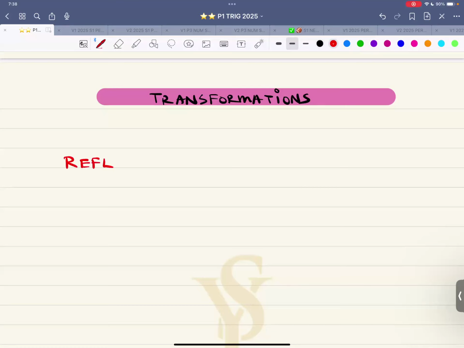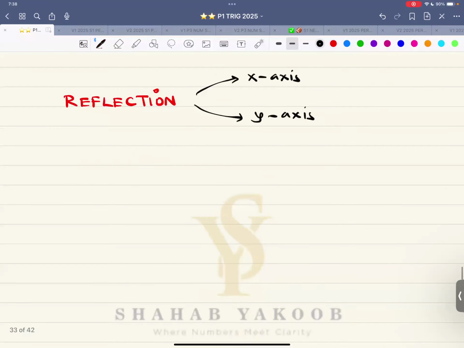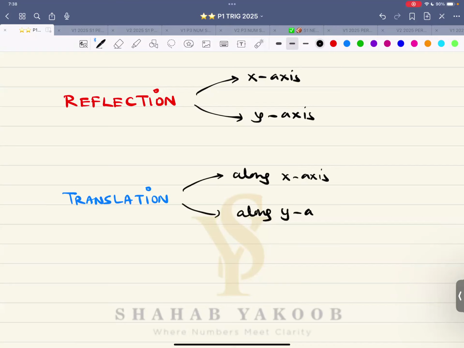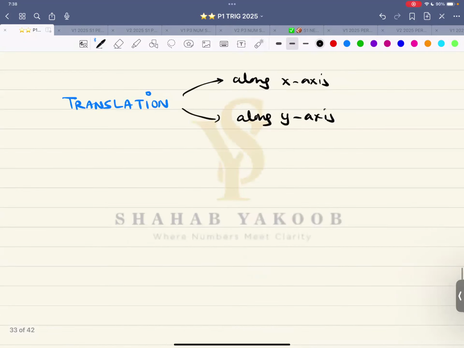So now, first of all, we can talk about reflection. Reflection in x-axis, reflection in y-axis. The second thing is translation. So we can do translation along y-axis, along x-axis, and then along y-axis. And the third thing, that is the stretch.